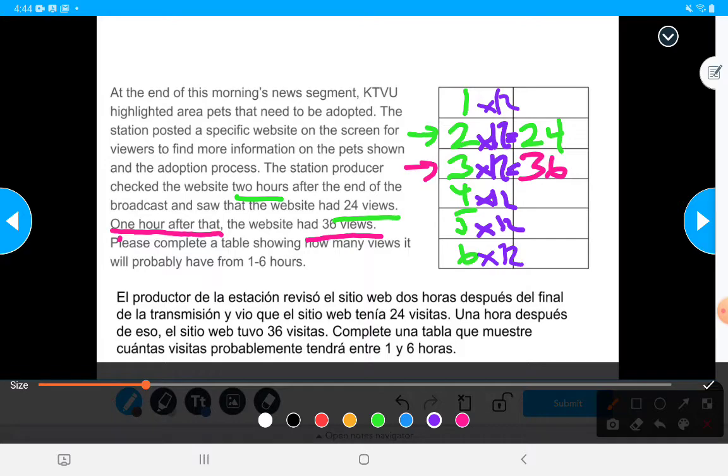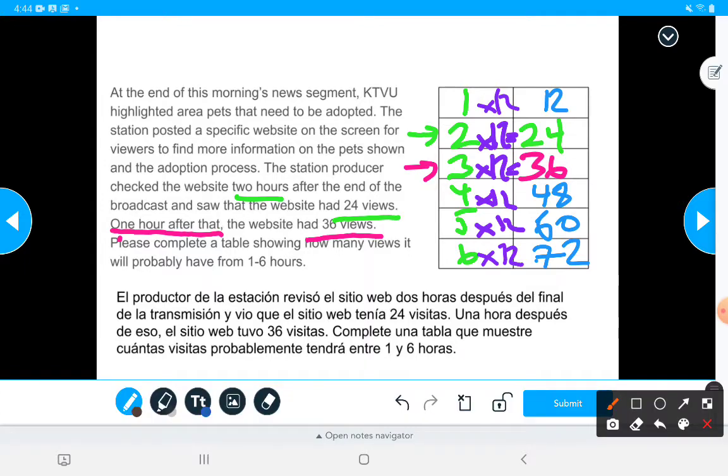If I do times 12, 1 times 12 is 12. 4 times 12 is 48. 5 times 12 is 60. 6 times 12 is 72. Okay, so it's times 12 is what I figured out. Now I'm going to go to the next page.